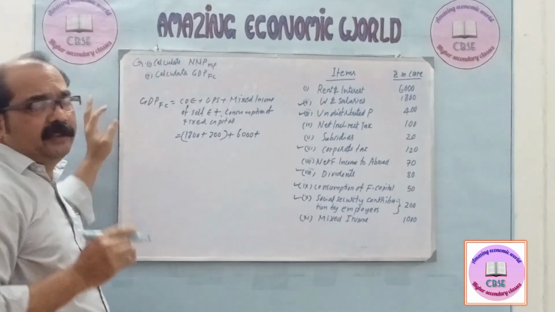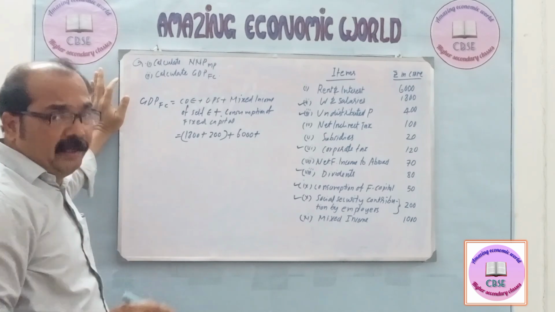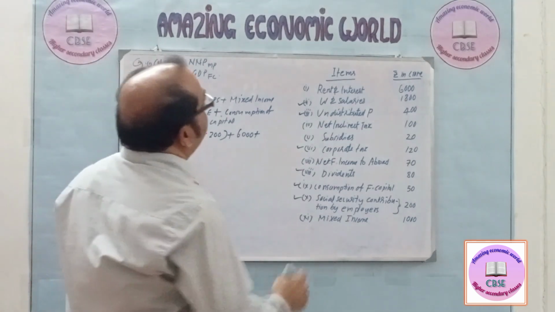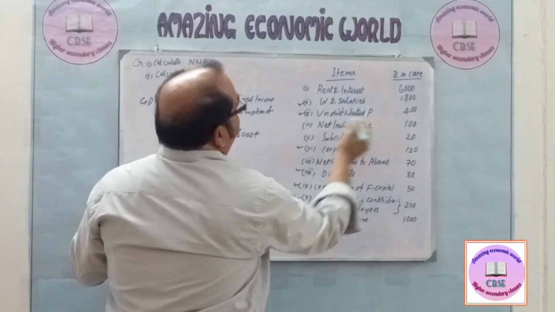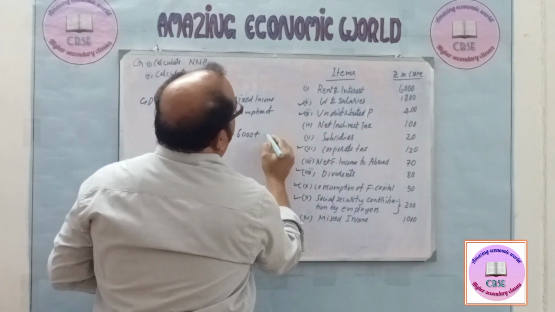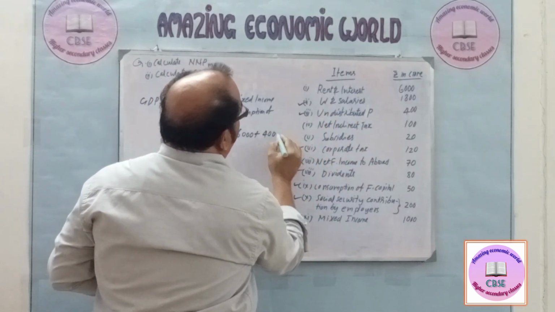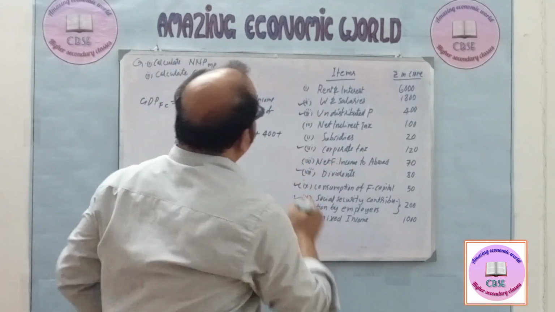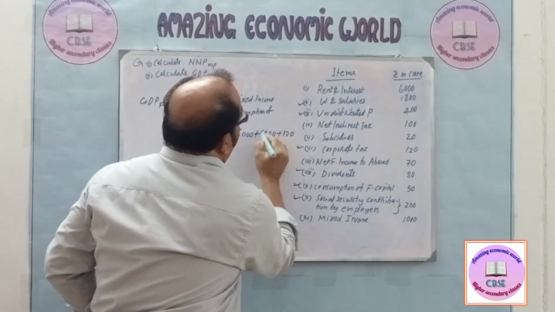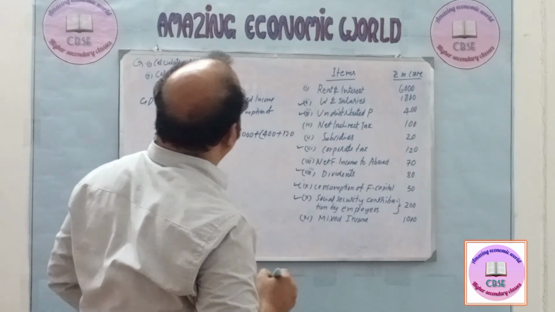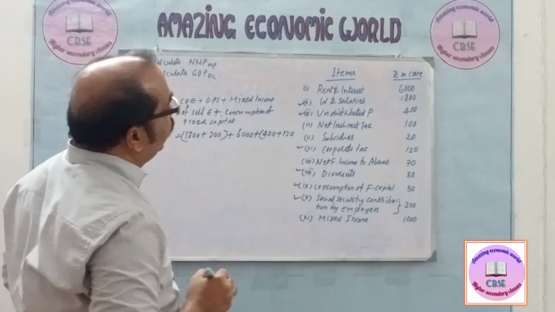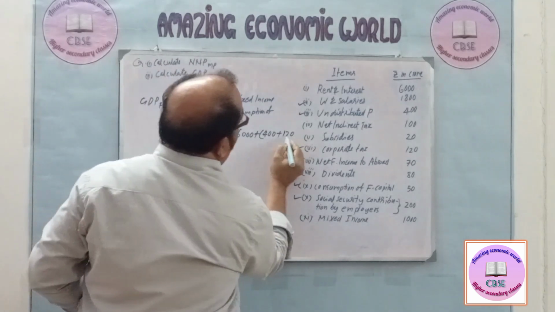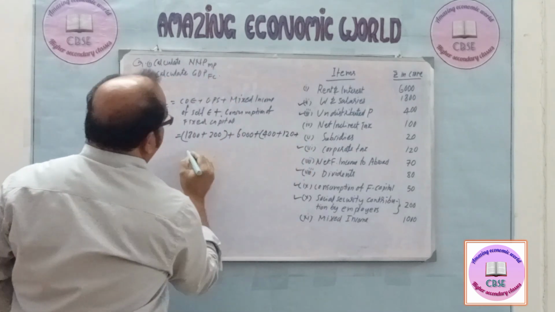So remember one thing: if the profit is not given directly, we have to take the parts of profit. Undistributed profit 400, plus corporate tax 120, then dividend 80.